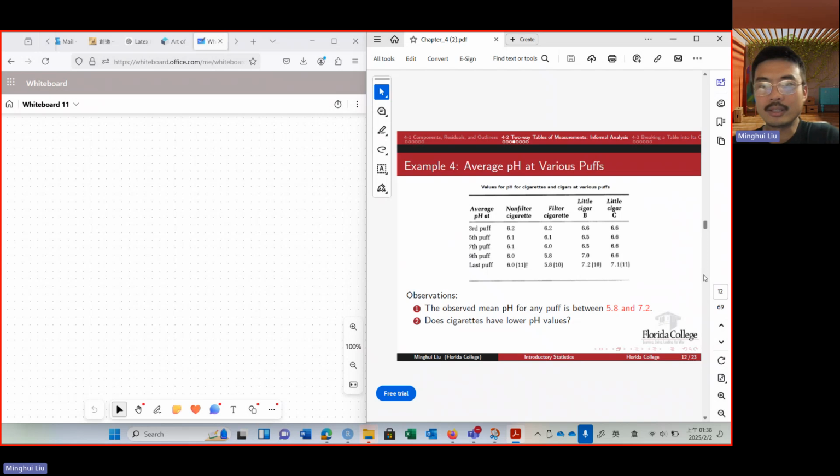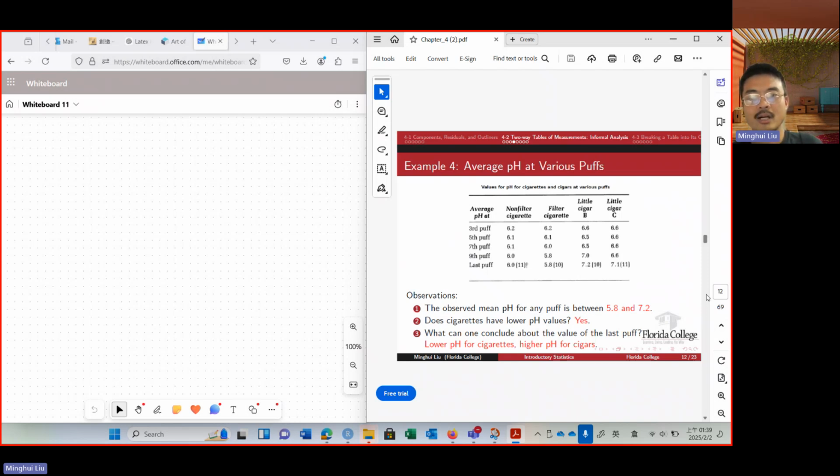The second one is, can we conclude that the cigarettes have lower pH values than cigars? The answer is yes. That's generally speaking true. And the third question we can ask is, what can we conclude about the value of the last puff? For cigarettes the last puff has the lower pH value.